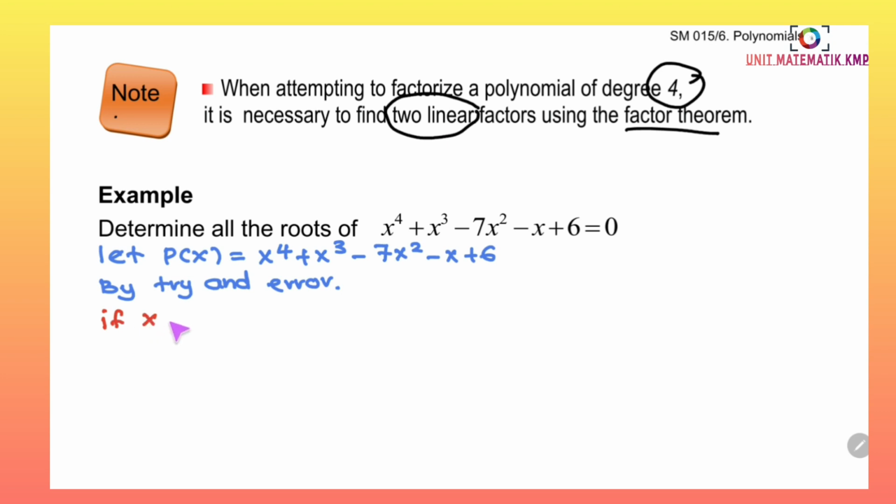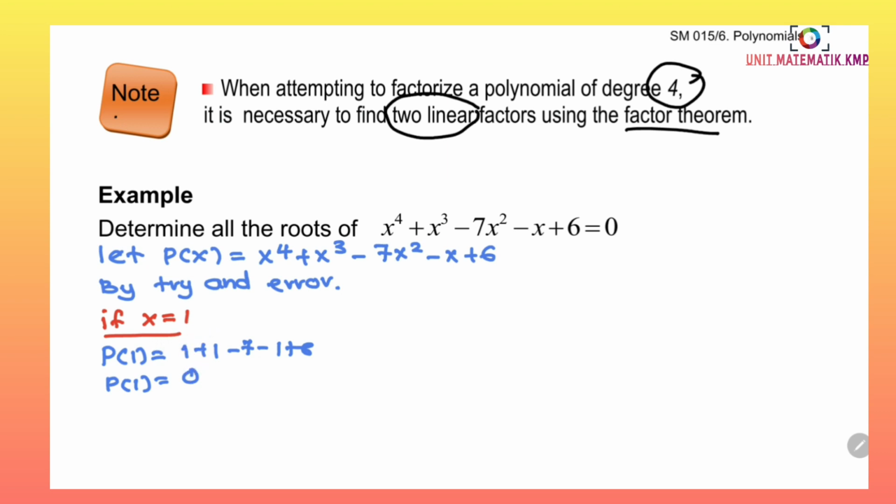If x equal to 1, so we have here P(1) is equal to, substitute 1 into the equation of P(x). So we have here 1 plus 1 minus 7 minus 1 plus 6, and the answer here we have 0, right?